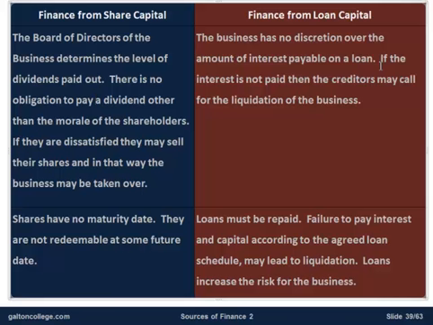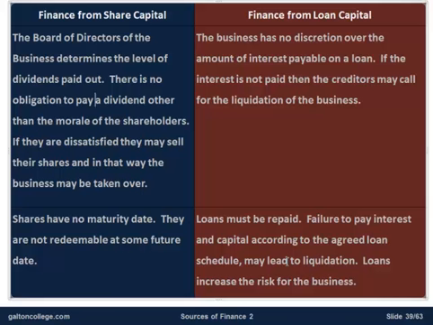If the interest is not paid, then the bank or the creditors may call for the liquidation of the business, closing down the business, selling off the assets and getting back whatever they can out of the money they have lent. Loans must be repaid. Failure to pay interest and capital according to an agreed loan may lead to liquidation.